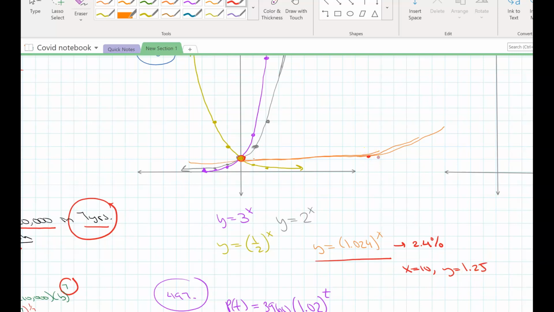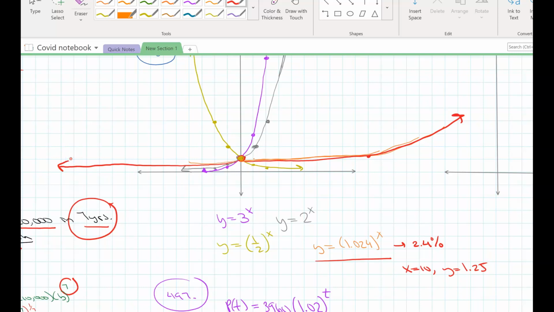But I know it's an exponential growth function because I see the x as an exponent, right? And I know that the asymptote is going to be at y equals 0 for all of them. The thing is that with my scale here, I just can't get the whole picture up here. This is like a really flat exponential growth, right? It looks kind of silly.